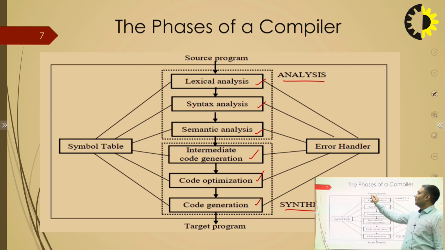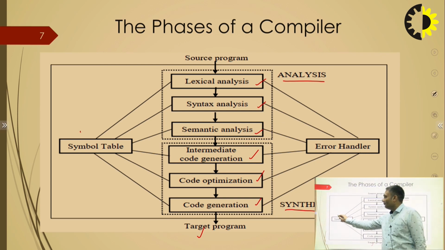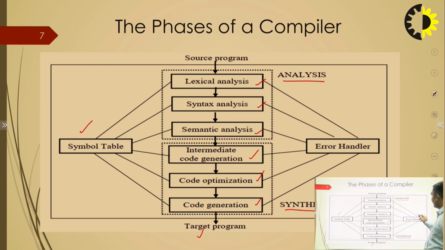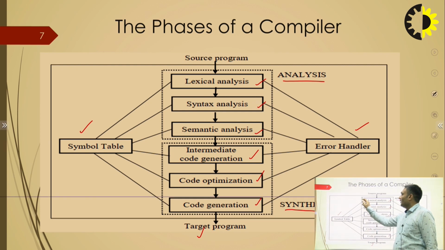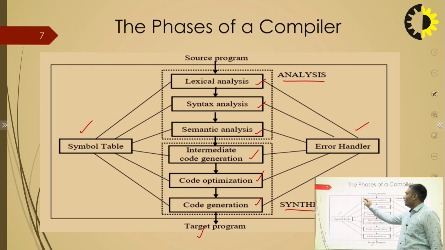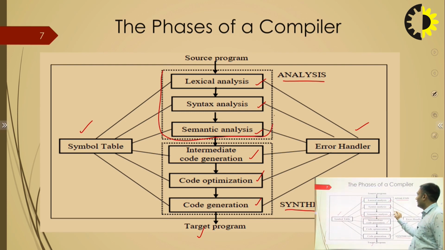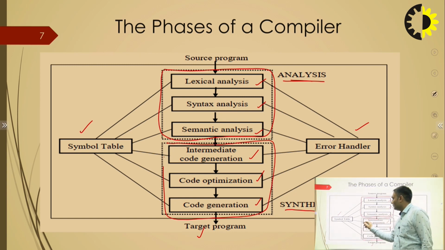So the source program gets converted into the target program, or you can say low level language program, by going through these 6 phases. All 6 phases are connected with the symbol table on the left side and the error handler on the right hand side. When we group these 6 phases into 3 and 3, the first 3 phases are called the analysis part, and the last 3 phases are called the synthesis part.